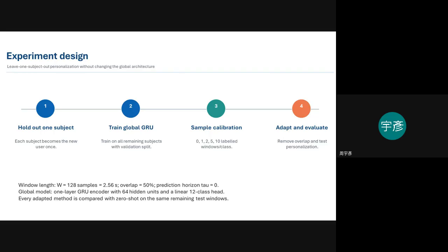To make sure the evaluation is fair, we make sure that the calibration windows and the test windows do not overlap temporally. Because each window records the start time and its length, I can do it in the code. So finally, each personalization method is evaluated on the remaining test windows and is compared with the zero-shot baseline on the same test split. Okay, next page.